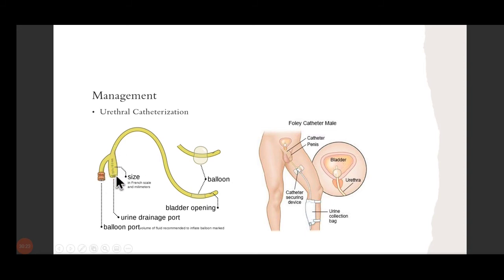There are two ports, one for urinary drainage, the other for inflation of the balloon. And on the right, you see that the tip of the Foley rests within the bladder, and the inflated balloon does not allow the Foley to actually come out.